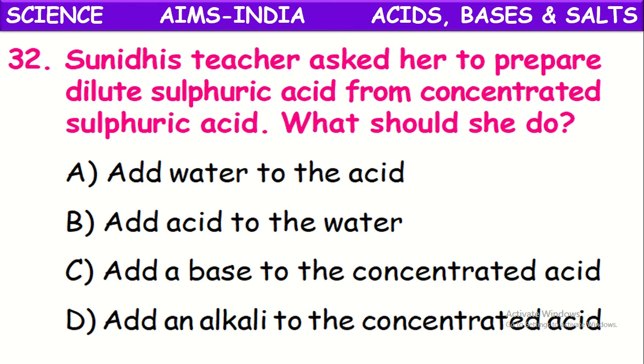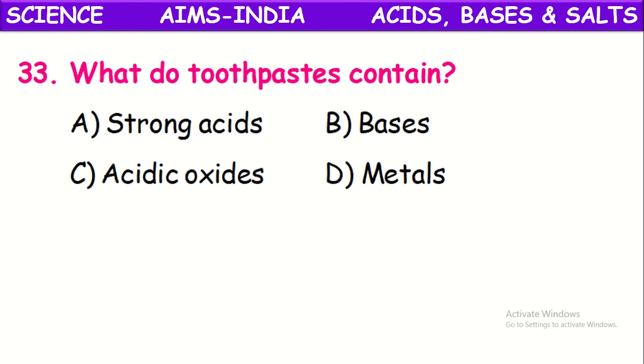But we should not add water into the concentrated acid. It may blast up, it may cause an explosion. That's why it is to be done very carefully. Acid should be added to water slowly with continuous stirring. So add acid to water. This is correct. Okay, next one.